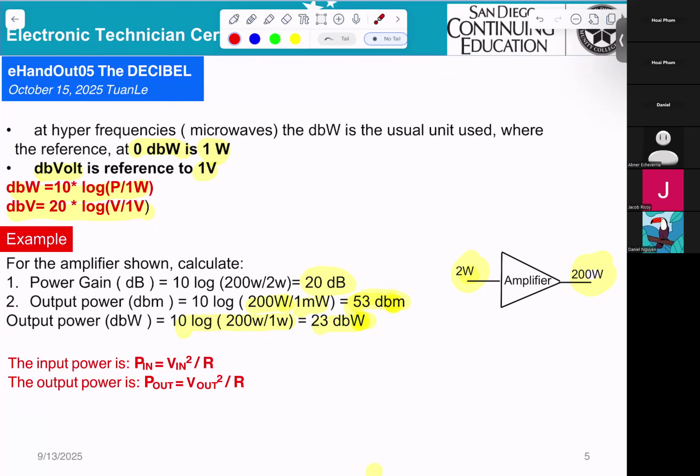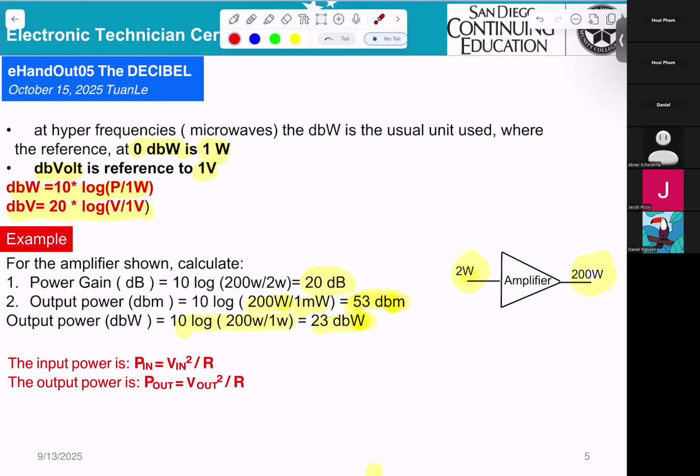Output power in dBm equals 10 times log of 200 watt divided by 1 milliwatt. You get 53 dBm. Output power in dB watt equals 10 times log of 200 watt divided by 1 watt. You get 23 dB watt.